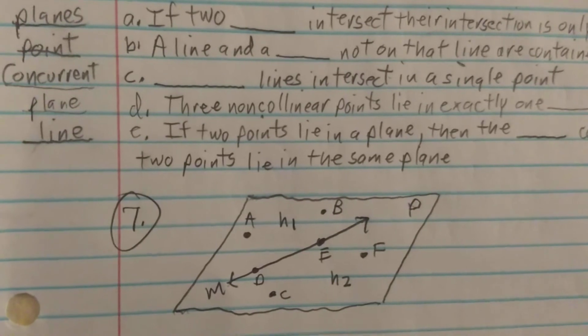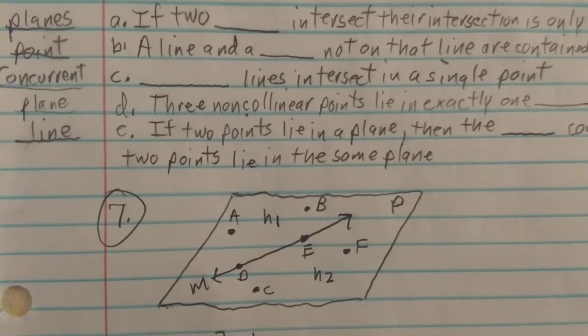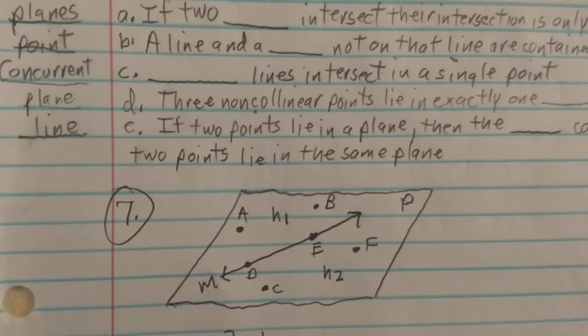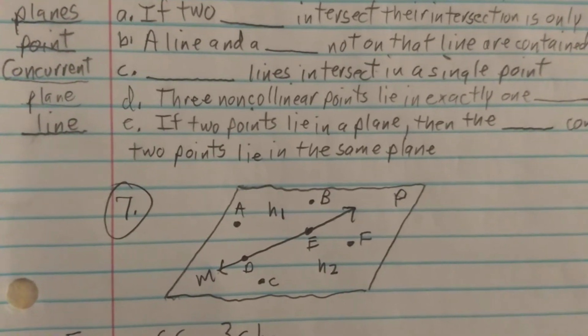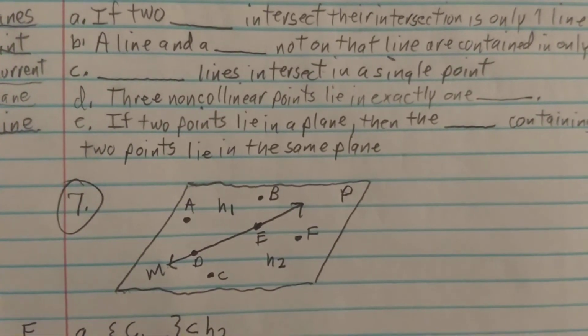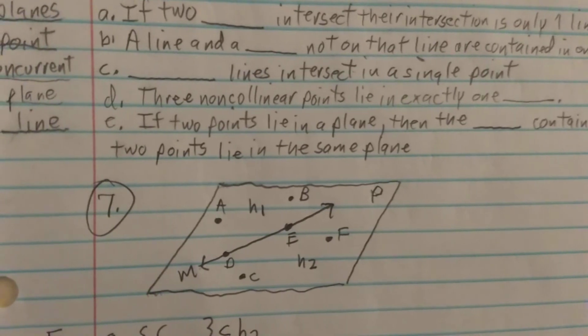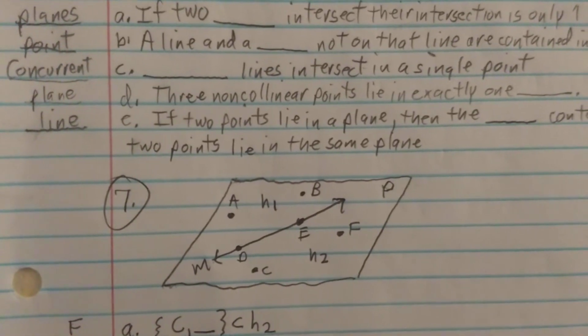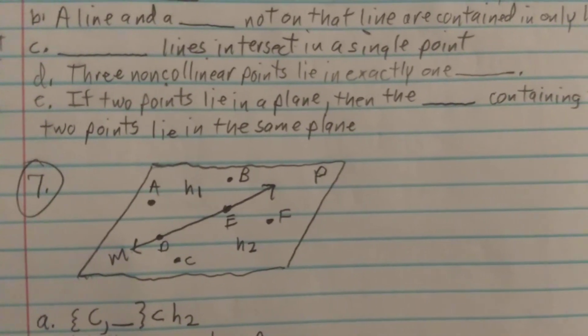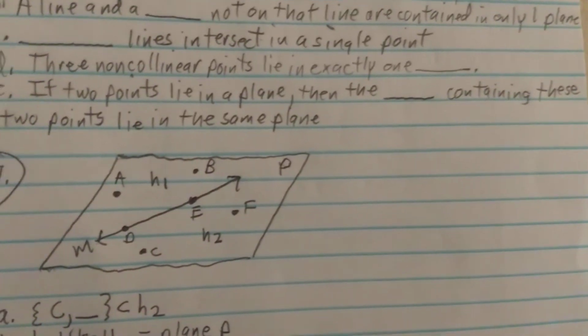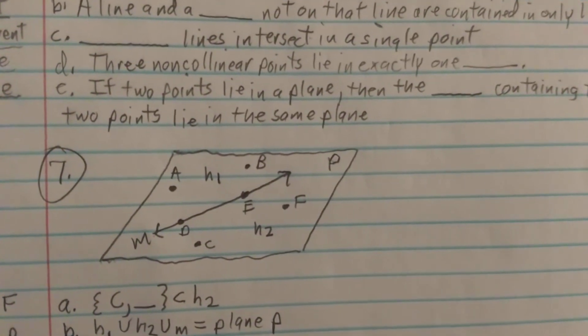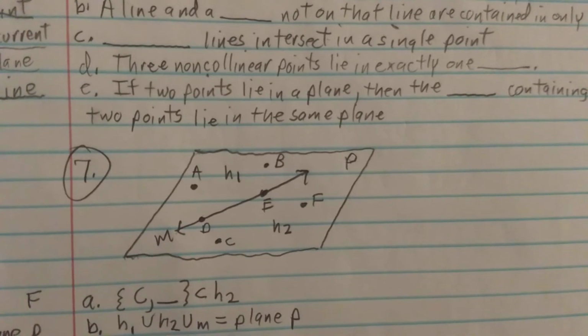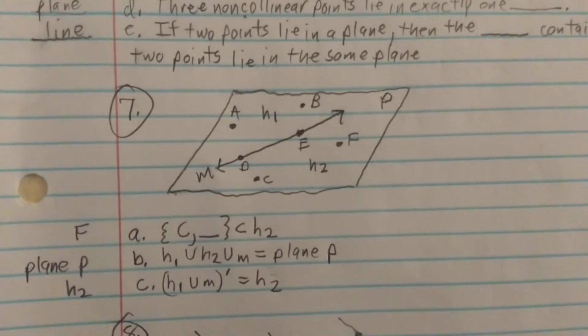Now for C, concurrent lines intersect in a single point. That was a definition. And for D, 3 non-collinear points lie in exactly one plane. That was a postulate. And if 2 points lie in a plane, then the blank containing them, these 2 points lie in the same plane. That was another postulate. So we needed a line there.